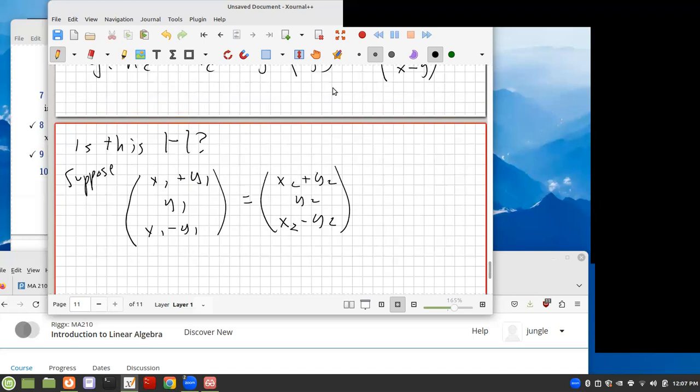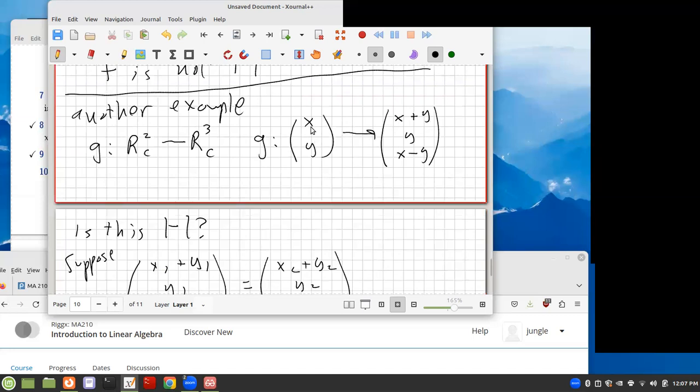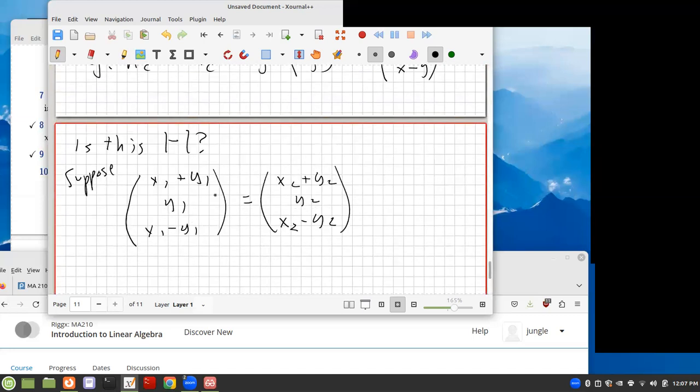We only have two components here, x and y. Now what we need to do is show x1 equals x2 and y1 equals y2, or find a counterexample. In the previous one, we found a counterexample, a case when they weren't one-to-one.